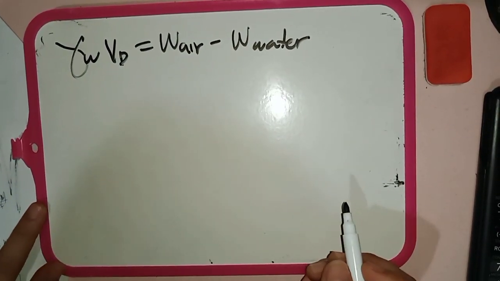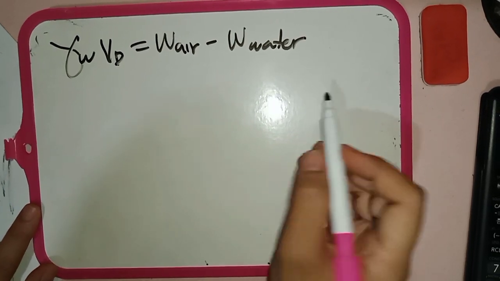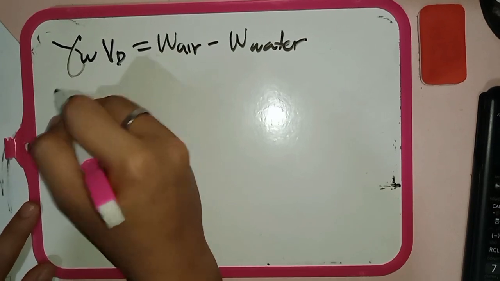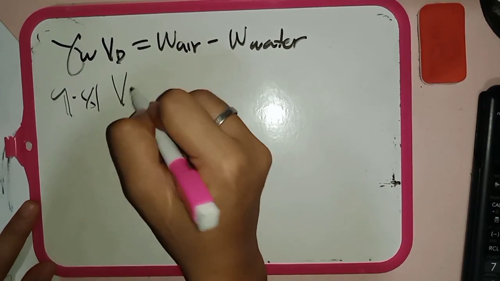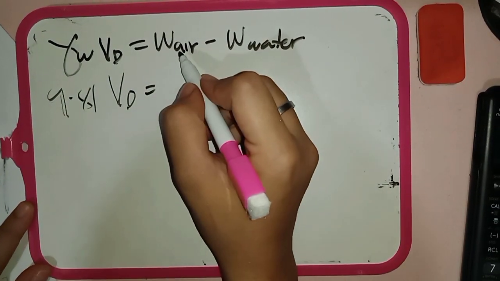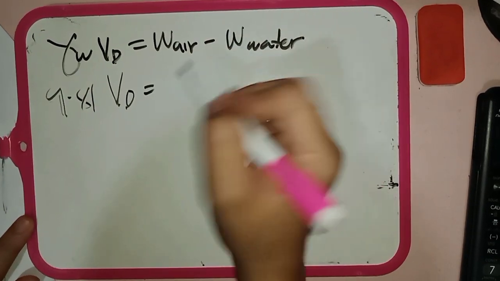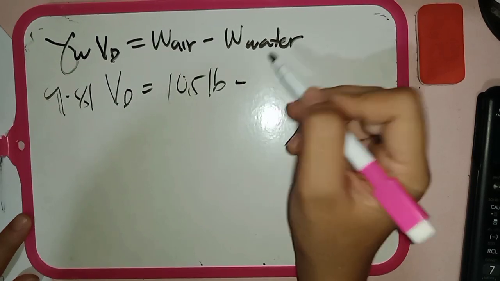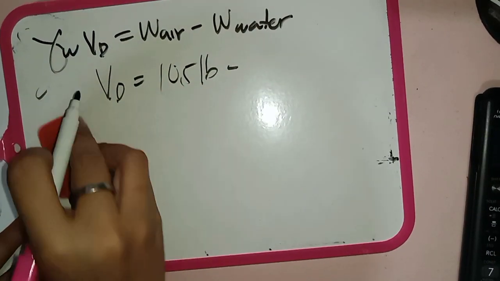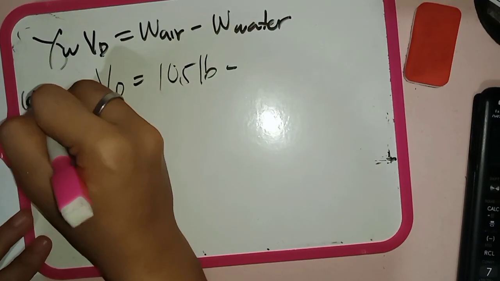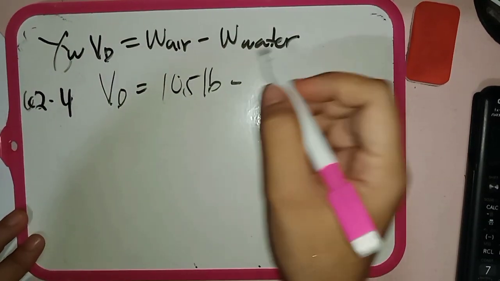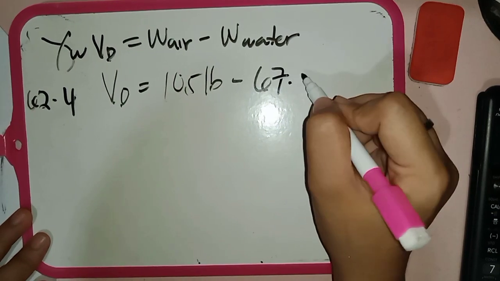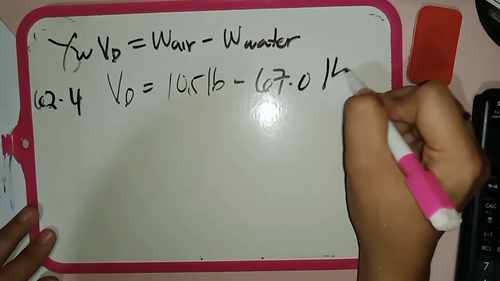So next we just simplify the values. The weight of water is 9.81 VD. The weight in air in our problem is 105 pounds. Since it is in English units, the unit weight of water is 62.4. Then the weight in water is 67.0 pounds.